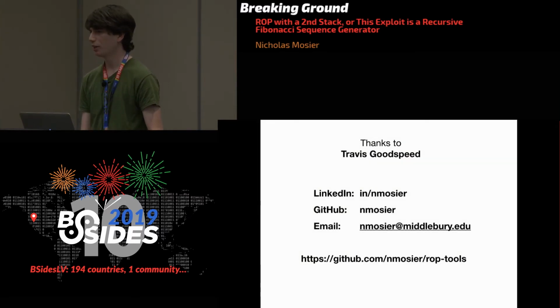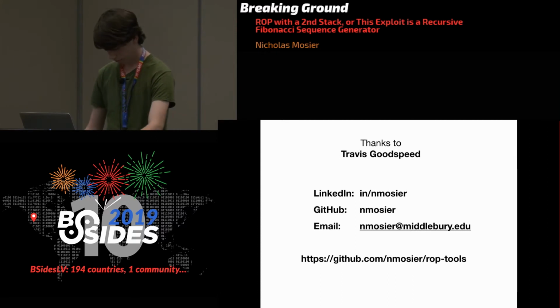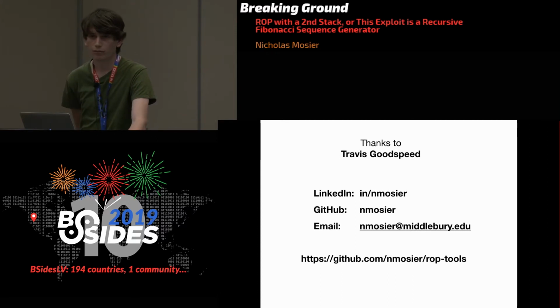Does anyone have any questions? First off, I want to say thanks because this is brilliant. But I want to ask about your use of EBP, or rather RBP, as the shadow stack pointer.